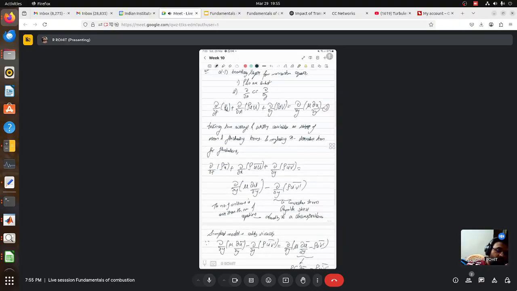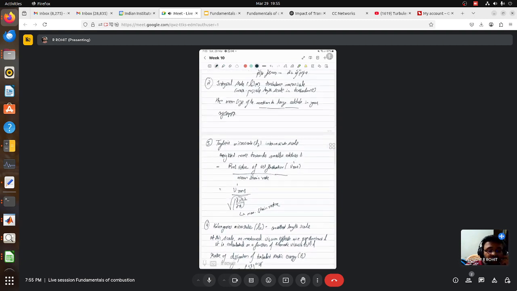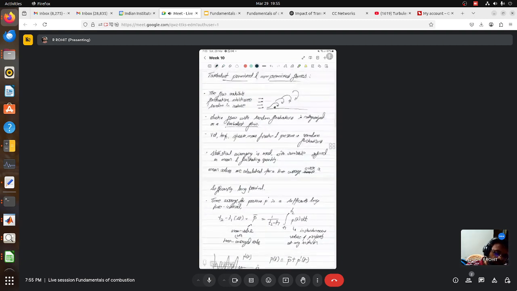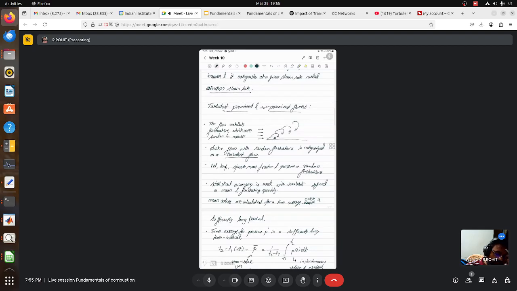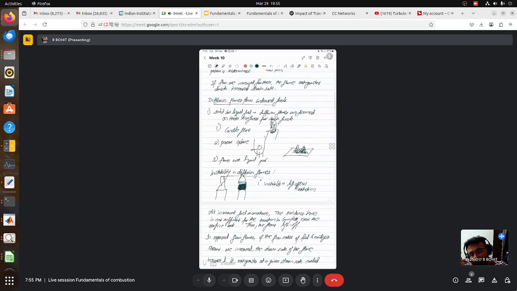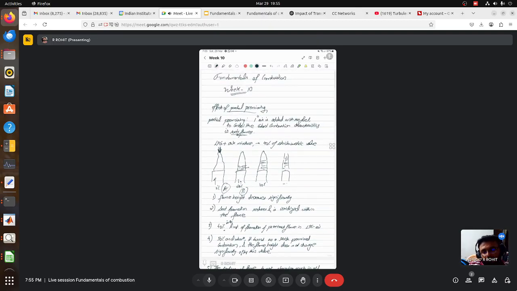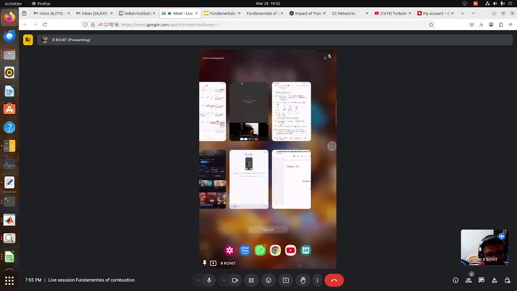Then we saw some modeling, how to model this stuff, and then we saw the different length scales involved in a turbulent flow, and we learned some basics of what is turbulent flow, and some discussion on the basic introductions and the major things required during the study of turbulent flames and premixed flames was discussed here. So we'll move on to the question and answer session.